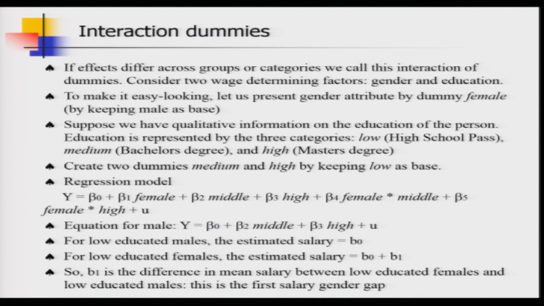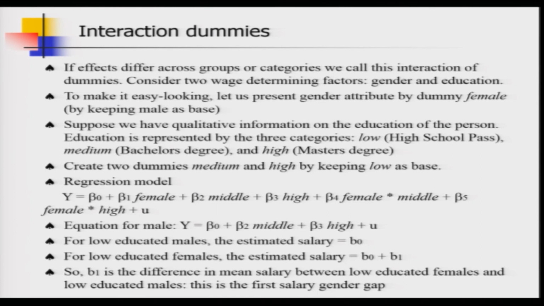Okay. So let us assume that the OLS estimator for the corresponding regression coefficient is B1. So we are going to get this estimated salary for low educated female as B naught plus B1. Okay. So B1 is the difference in the mean salary between the low educated females and the low educated males. So this is the first salary gender gap.